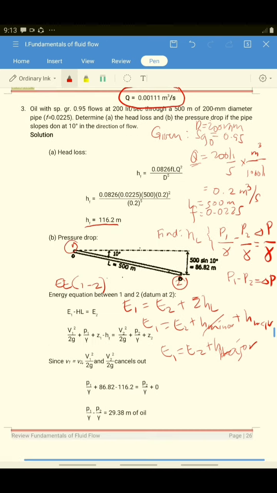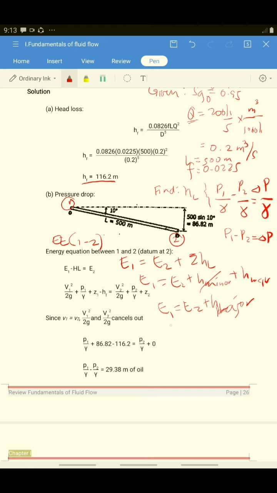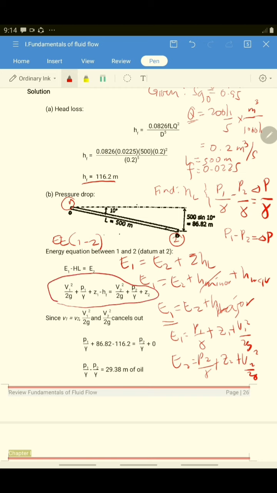What is the formula of E1? E1 is equal to P1 over gamma plus Z1 plus V1 squared over 2g. Same as E2, you have P2 over gamma plus Z2 plus V2 squared over 2g. So you can have this equation.